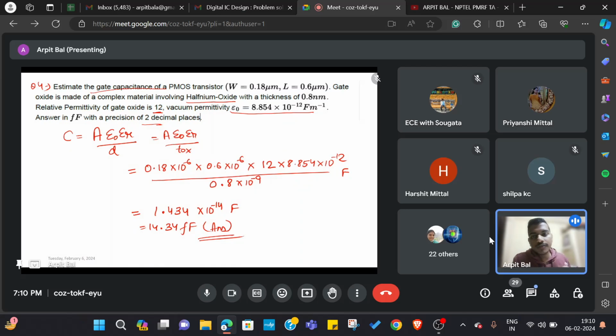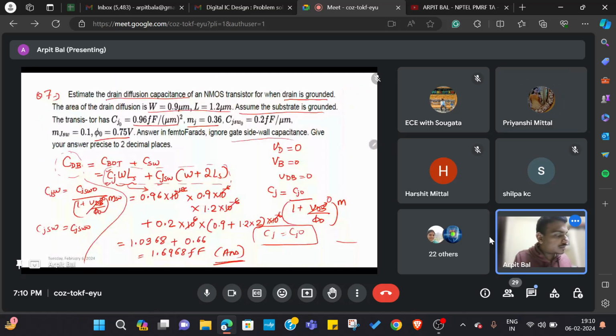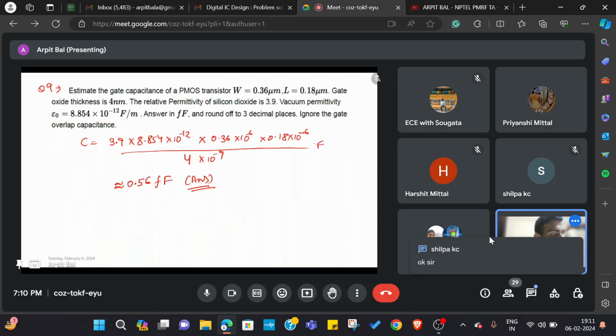Because of that, high K dielectrics are used. So high K dielectric is 12, that is correct. And this normal dielectric, that is 3.9, is your silicon dioxide.